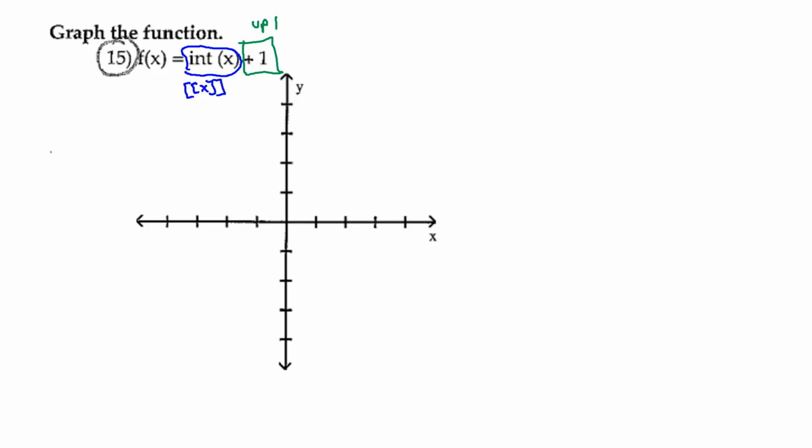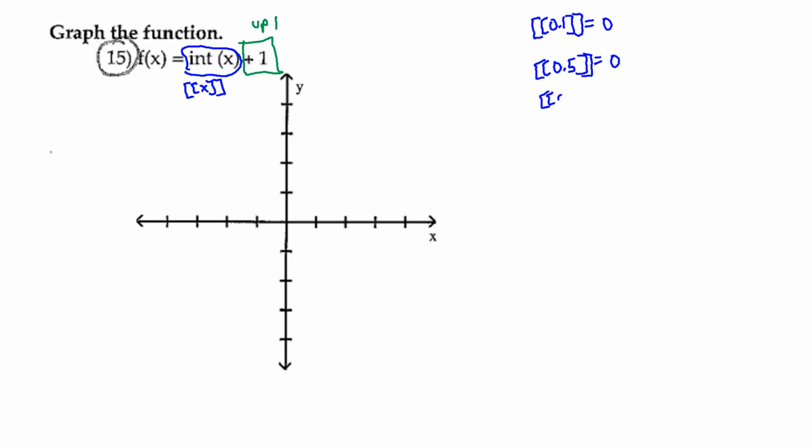As an example, if I had the floor function, which is what it's called, applied to 0.1, I'm going to have to round down, and that would give me 0. Or similarly, floor function of 0.5, I round down, and that's going to give me 0.